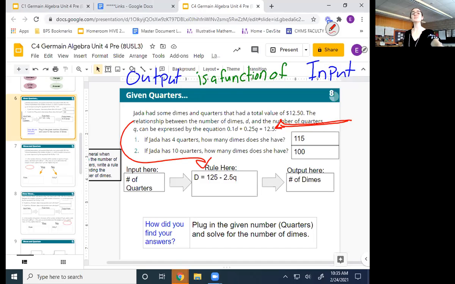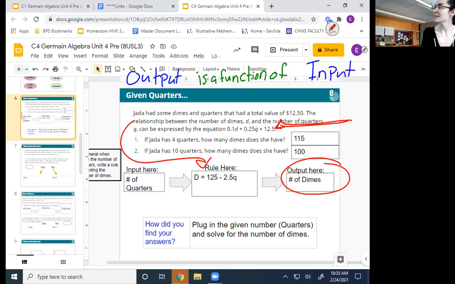We isolated for our D, which represented our output. So when we're given an equation and it asks us to create a rule for the function, if we have to rework it, you're always going to isolate for the output, in this case the D, okay? Very good.